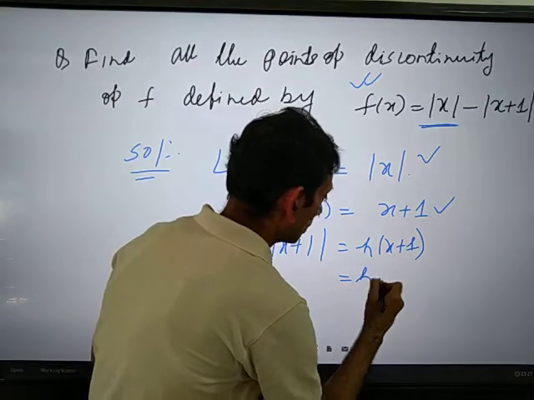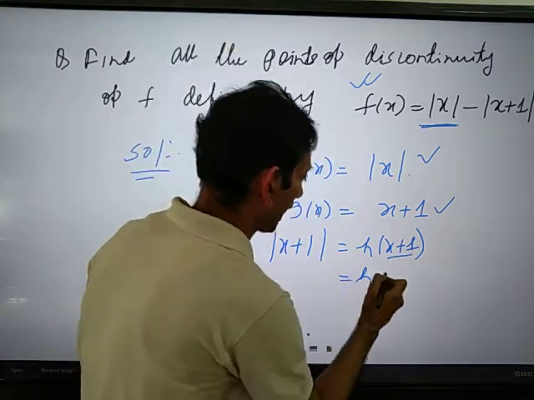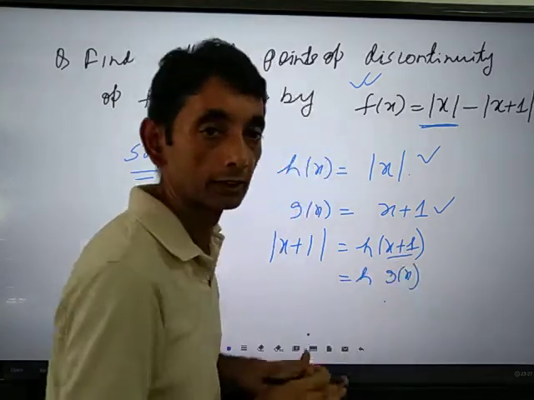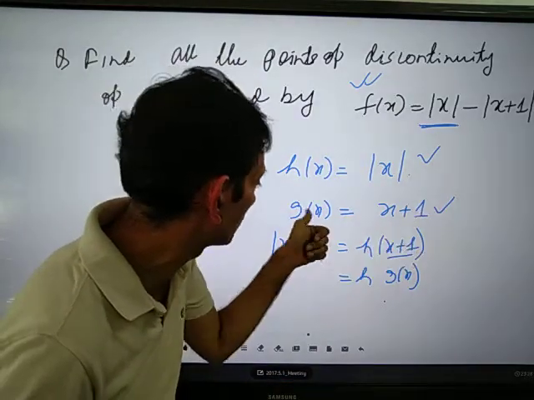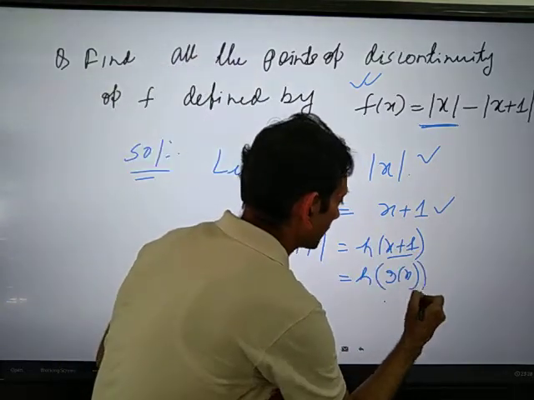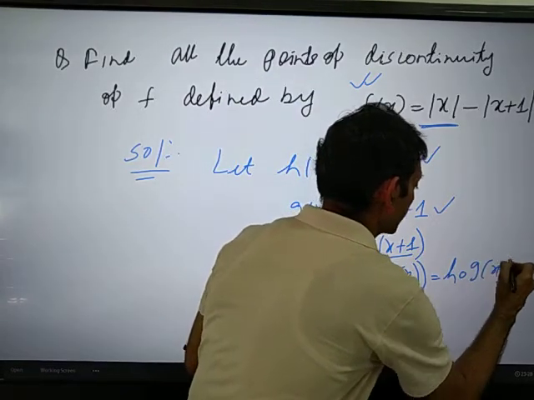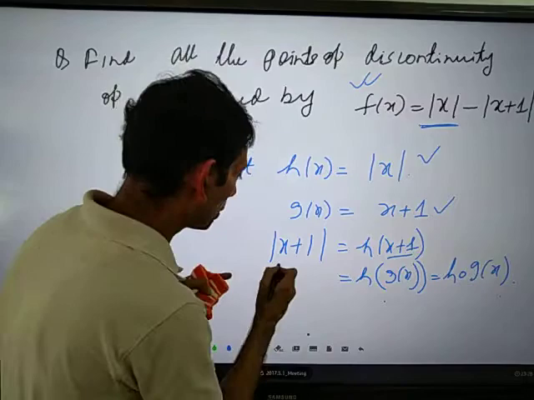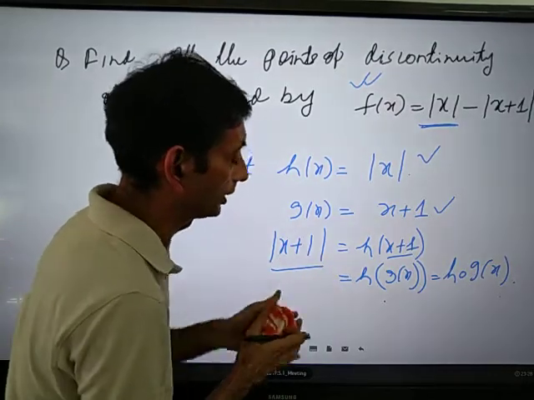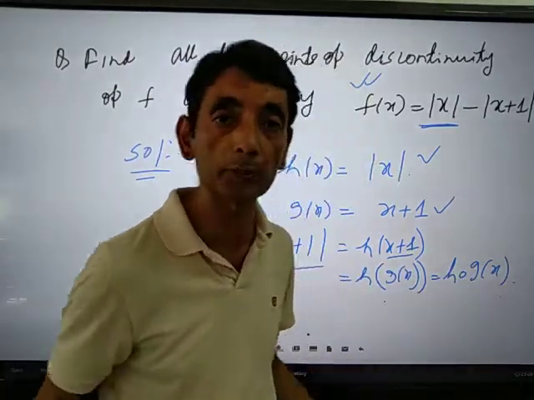This is the property of h(x). Now, what is the value of x plus 1? x plus 1 actually is g(x). Just substitute the value: x plus 1 is g(x). Therefore, this can be written as h of g(x), that is h∘g(x). So the moment you write mod x plus 1 as h∘g(x), your problem is solved.